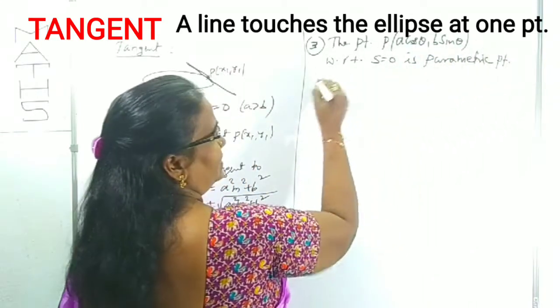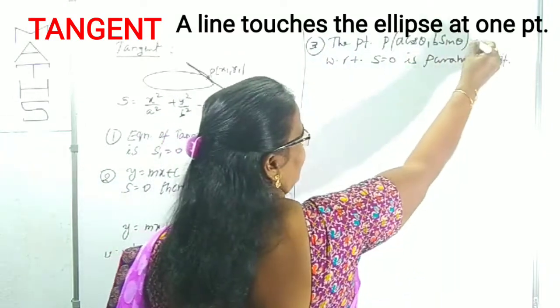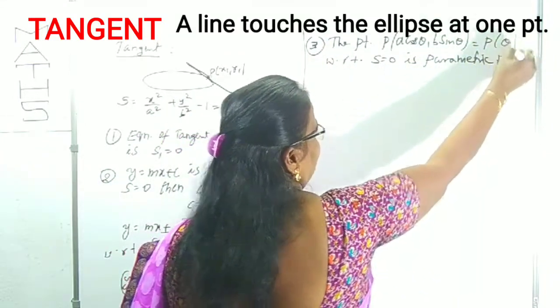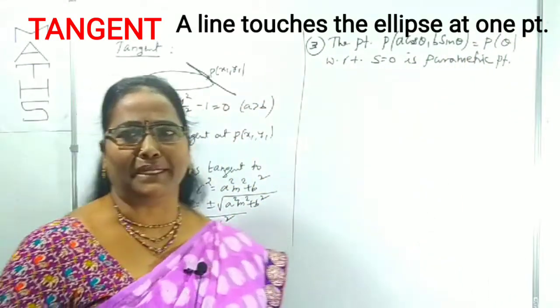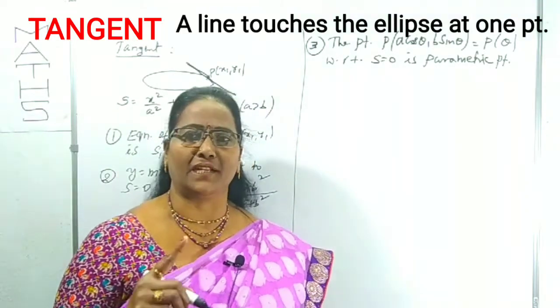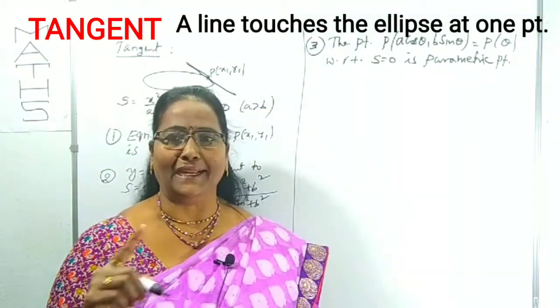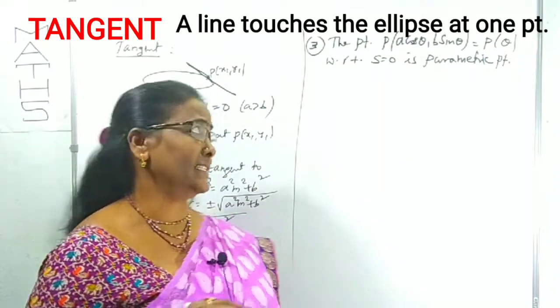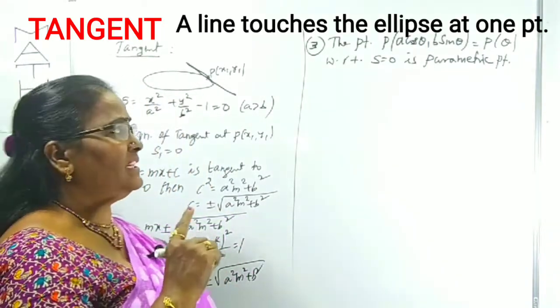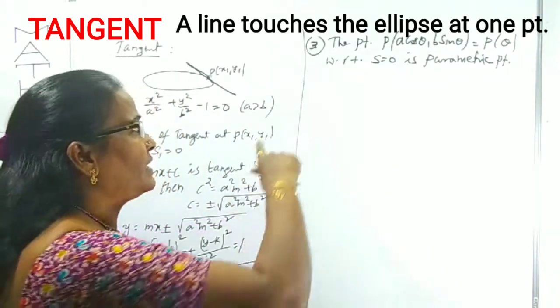This is simply denoted as theta also, P theta. Theta is called the parameter. Parameter is also known as variable angle, right? It is also called the eccentric angle.